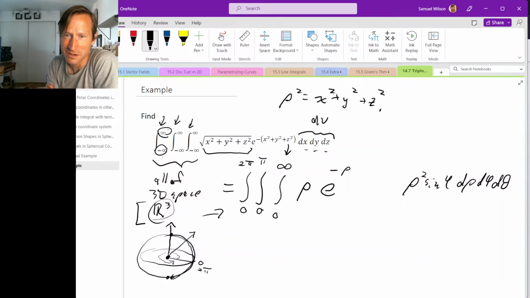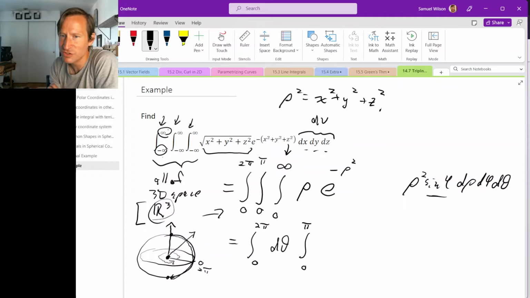All right, and as so often happens, our integrand is now a product of a function of rho, a function of phi, and a function of theta, so we can separate our integrals. So for theta, that's the integral from 0 to 2 pi of, well, there aren't any thetas in our integrand, it's just d theta. For phi, that's the integral from 0 to pi of, phi only shows up in sine phi, so sine phi d phi.